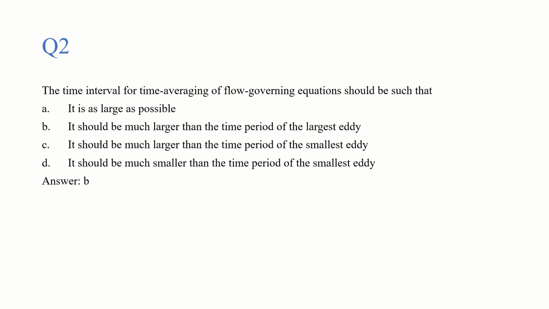So when the eddies are getting formed, consider a smaller eddy and a larger eddy. If we take the time interval to be greater than the time period of the largest eddy formation, then it makes sense for us to completely capture that fluctuation, thereby making use of the time averaged parameters in the equations.